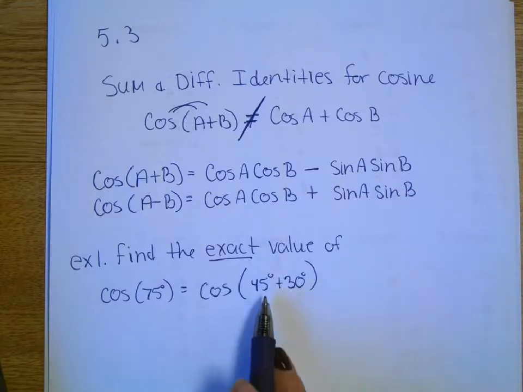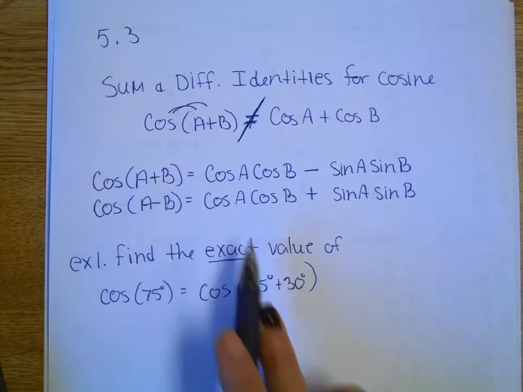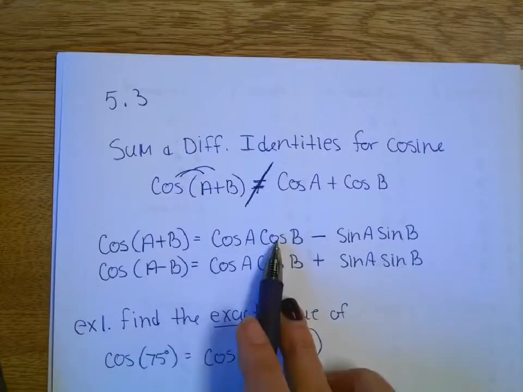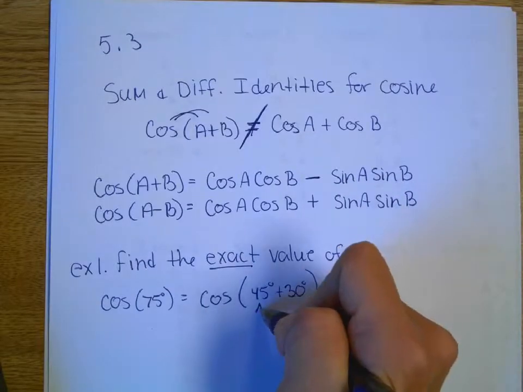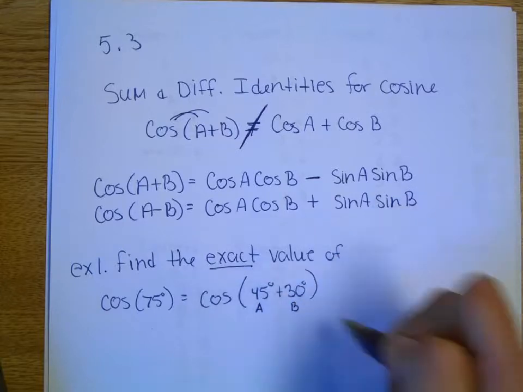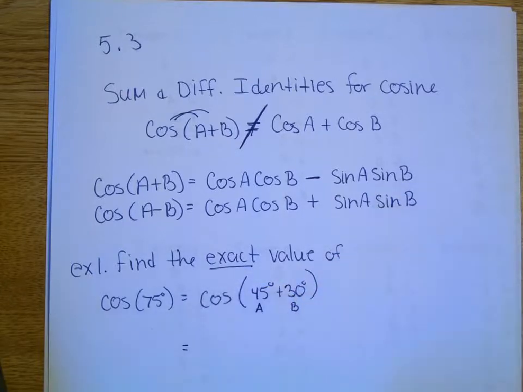So now I can use my identity, because my identity has these four values, and these four values will be on the green sheet, where 45 is my A, 30 is my B. So now I'm going to use the identity to expand this and then get the four values from the sheet.